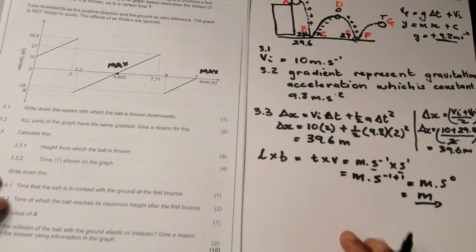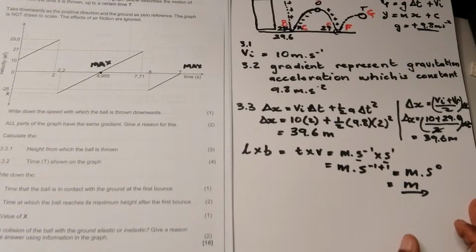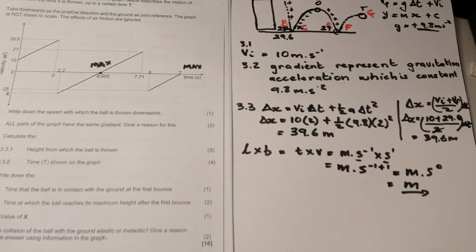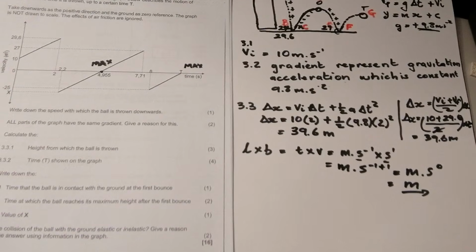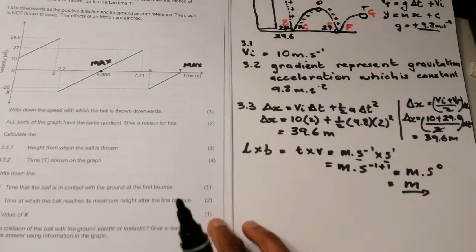What I'm simply trying to show you is that when we take the area underneath the graph, it actually gives us the displacement. So how I can answer the very same question, look at what I'm going to do now.